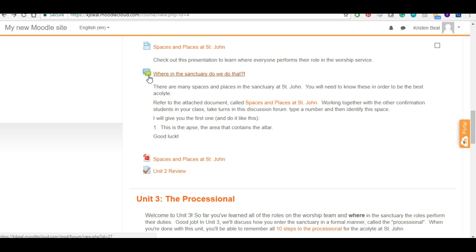I just made a diagram of the sanctuary, and I labeled areas with numbers, and I asked them to work with the other kids in their class and take turns in the discussion forum typing a number and then identifying the space that corresponds with that number. And then I did one so they could see how I did it. And I also attached that diagram. I also did a knowledge check in Unit 2.